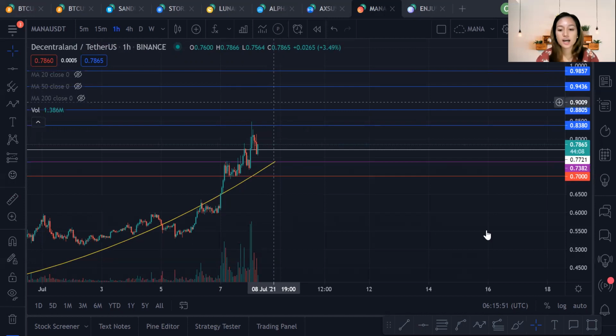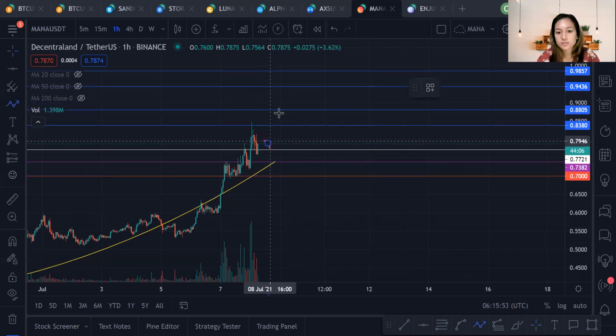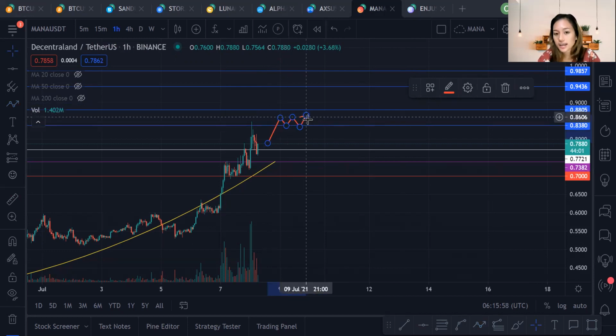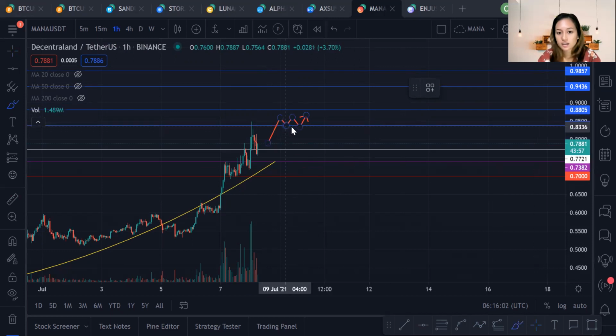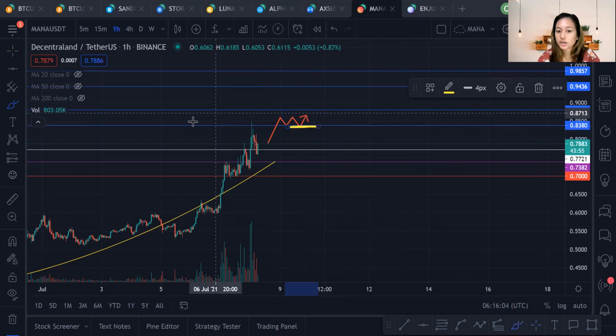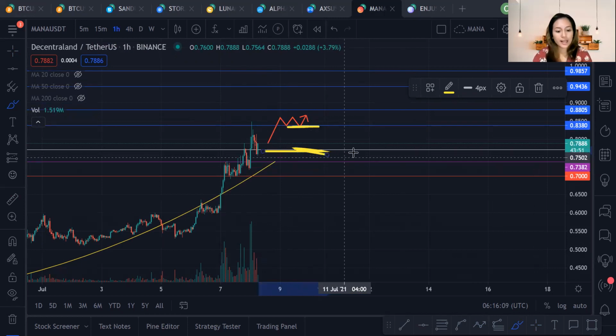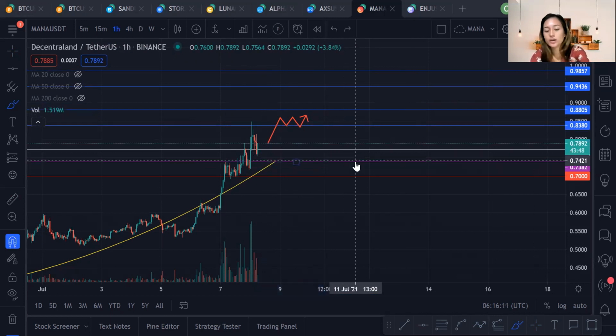If it has already moved to the upside, it will have some consolidation here. You can enter in that area of support right here, the support of that consolidation, and your stop loss can be this white line. Okay, so that's how you play these lines that I always draw.